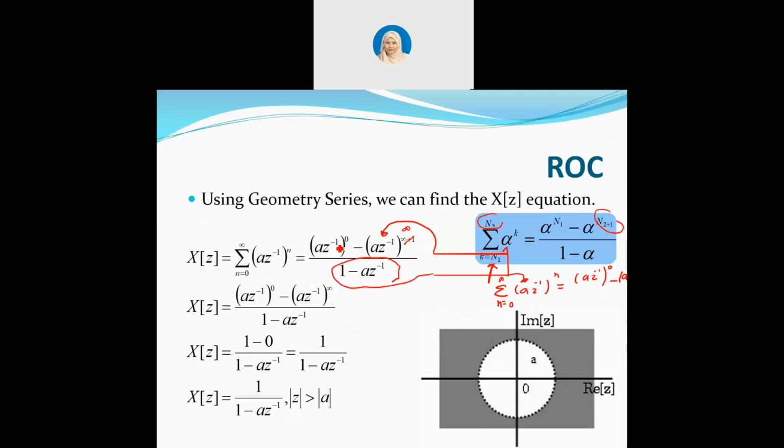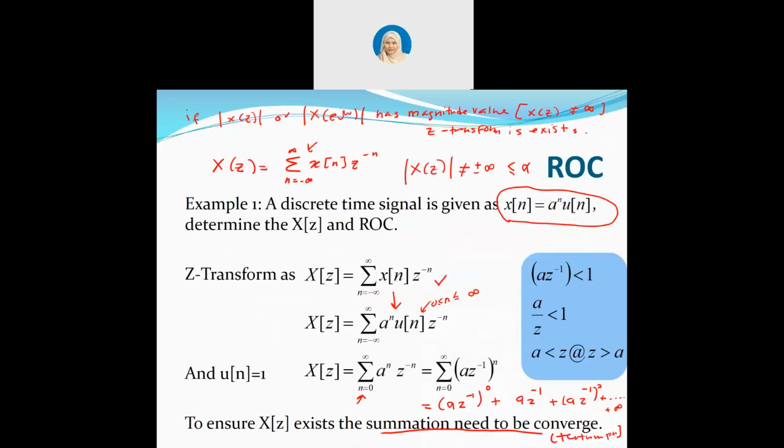So this is our closed form solution. We find that X(z) equals ((a z^(-1))^0 minus (a z^(-1))^infinity) over (1 minus a z^(-1)). As we know, this one is equal to 0 and this one is equal to 1, because a to the power of 0 is 1, and a to the power of infinity is 0, z to the power of infinity is 0.